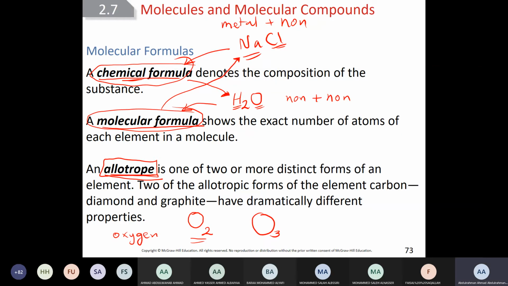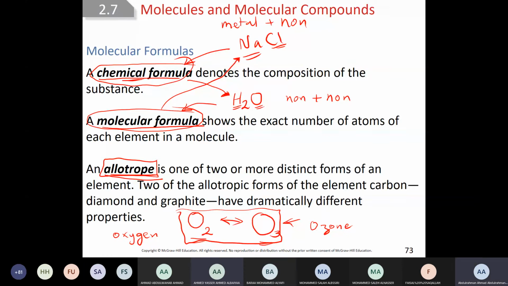And this one is called what? Ozone. What's the difference between them? This one consists of only 2 oxygen. This one is consisting of what? 3 atoms. And these together are called what? Allotropes.